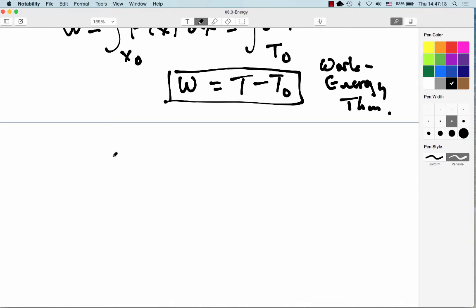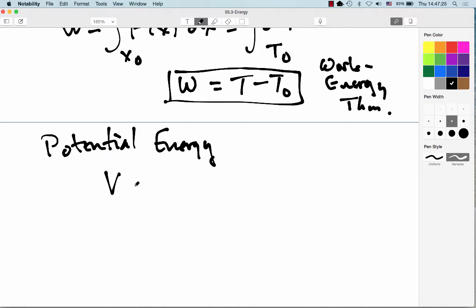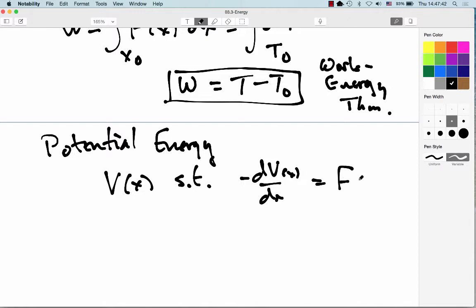We'll define our potential energy. Now, this book uses V. A lot of books use U. Again, it's about a 50-50 split. I'm following your book's notation here. We define it to be the V of x such that minus dV dx of x is equal to our F of x.